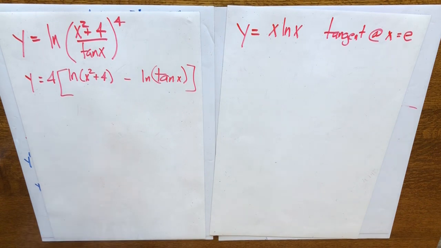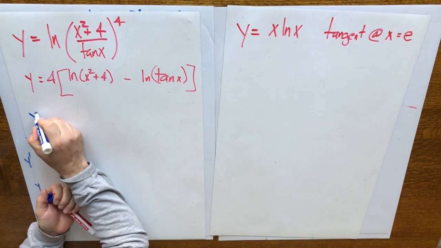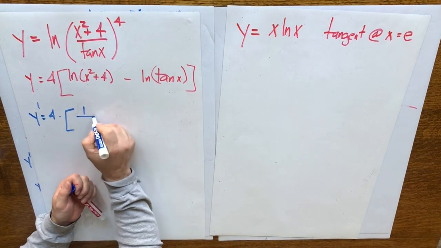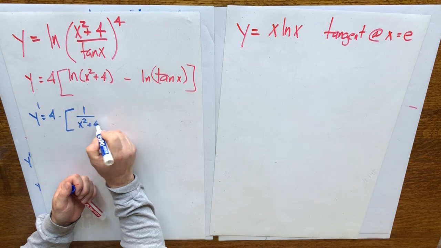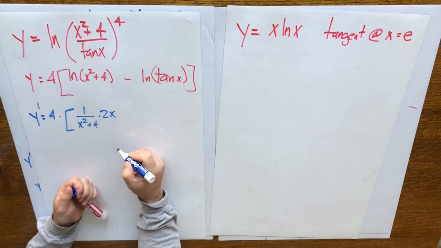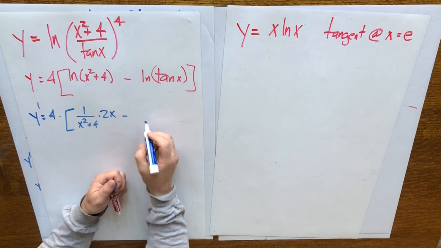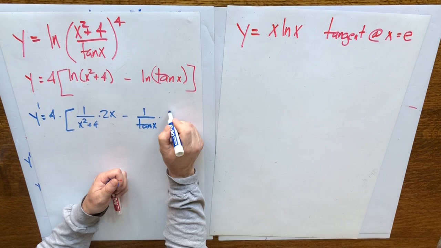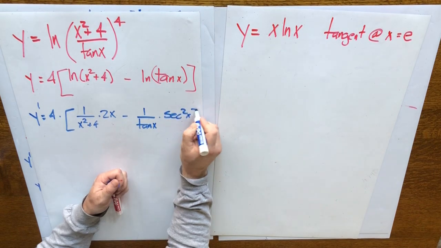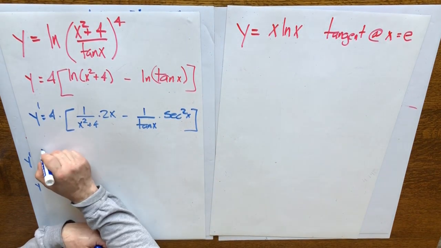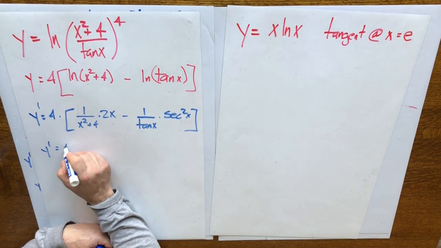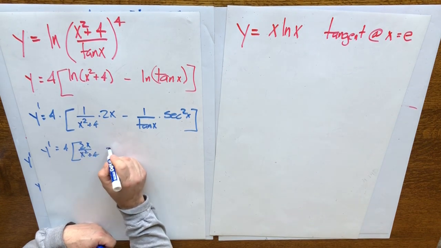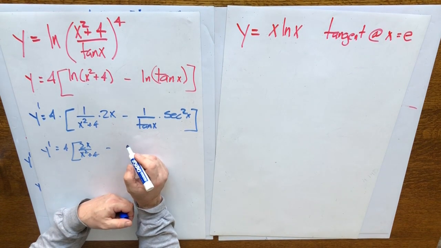I think I'll leave it in front and say y prime equals 4 times the derivative of this first part, 1 over the argument times the derivative of the argument, minus 1 over tan x times secant squared x. So we're going to simplify that a little bit. 4 times 2x over x squared plus 4 minus, let's see what identities will help us here.